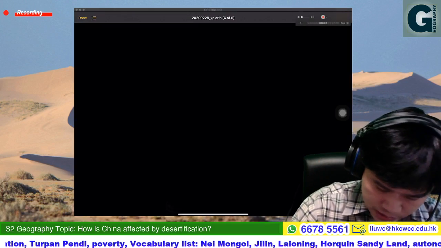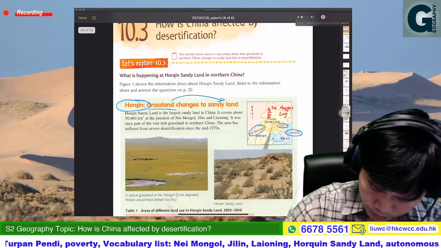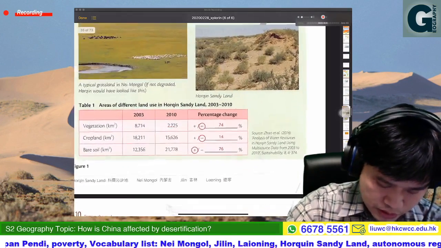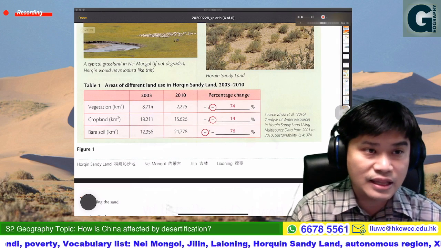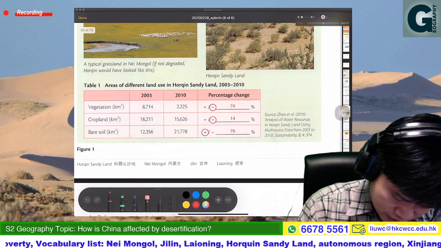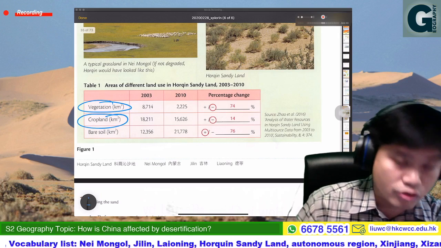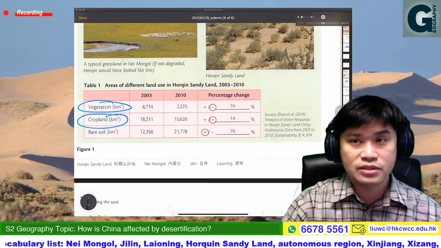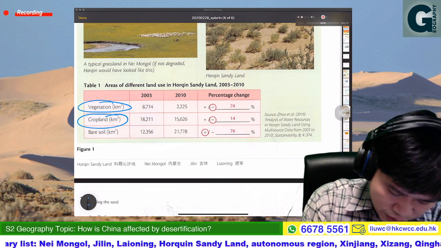For most cases, the changes are negative, especially for the vegetation and the cropland. Cropland means related to farming. So all of these are reducing.